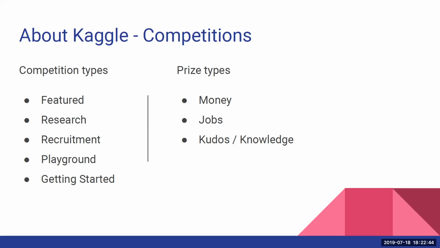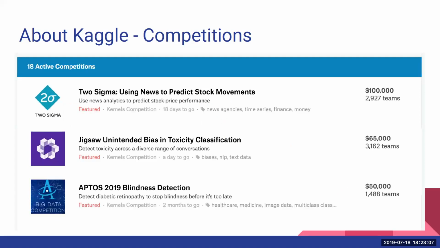Usually the top 5 or top 3 teams share the money in some proportion, but for this competition specifically, it was pretty much everything for first place. So the first place won about $1 million. This happens sometimes, not every time.